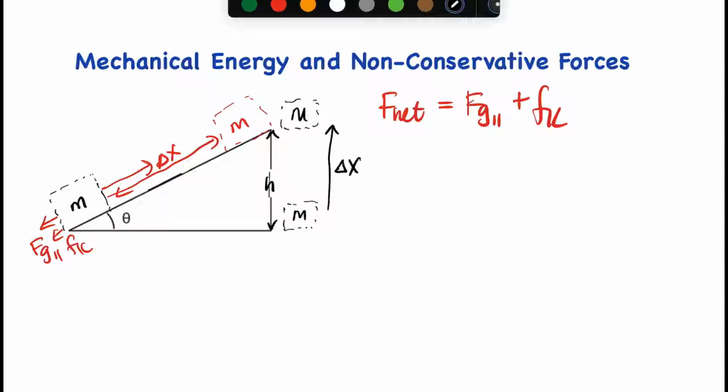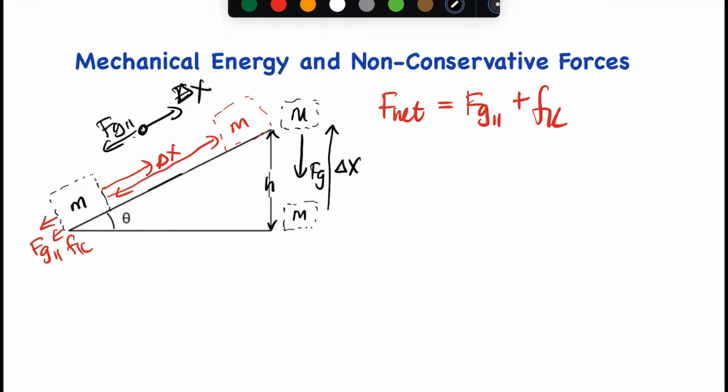Your force acting on this object is the gravitational force, which is Fg parallel, going down, and your displacement is going up. So all I can say in this situation is that the work done by gravity is negative work.